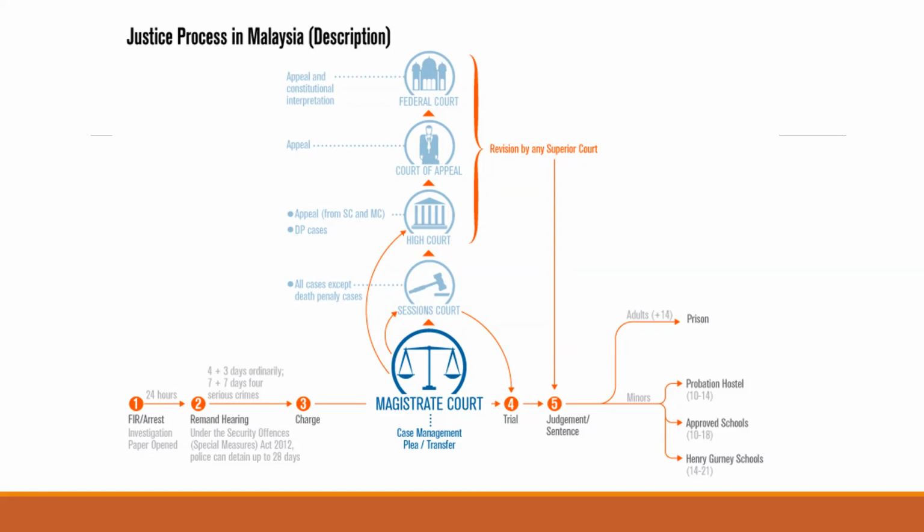That means somebody lodged a police report at a police station, for example in Batu Pahat, and then the police got to know a specific crime has been committed, and they undertake some investigation. Depending on the type of offense, they can actually arrest the accused.